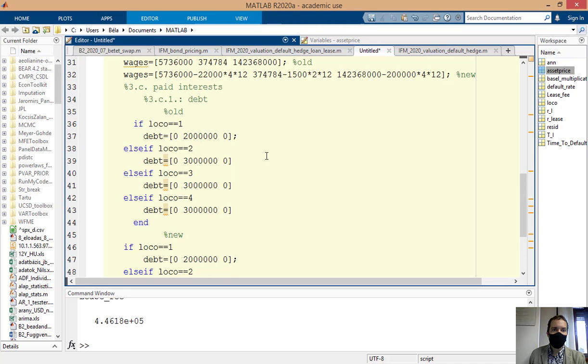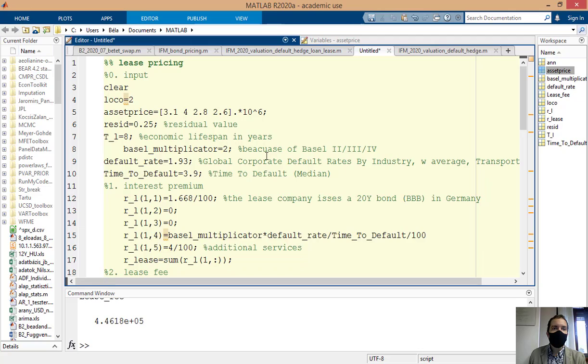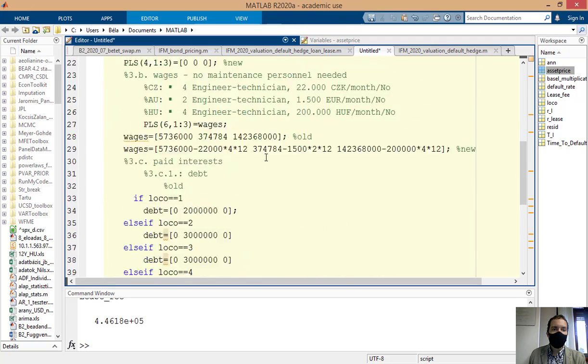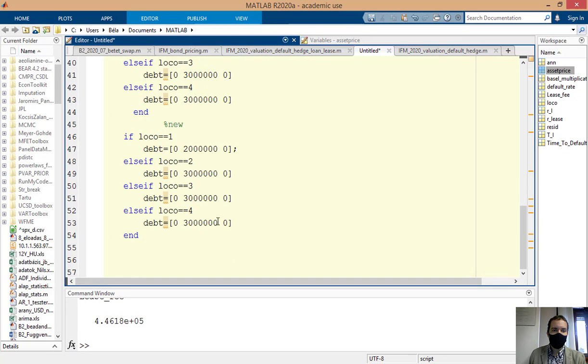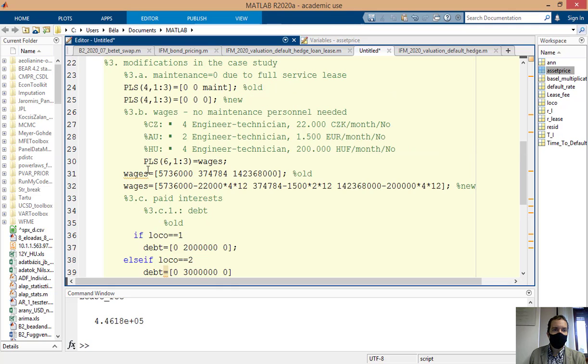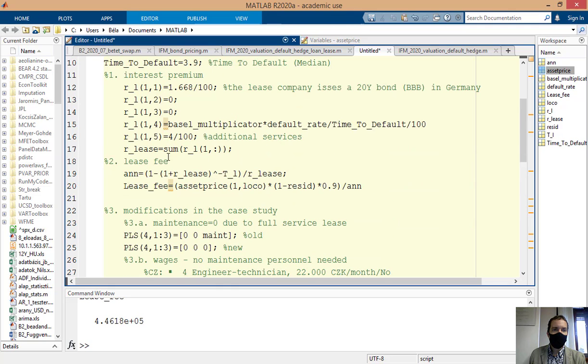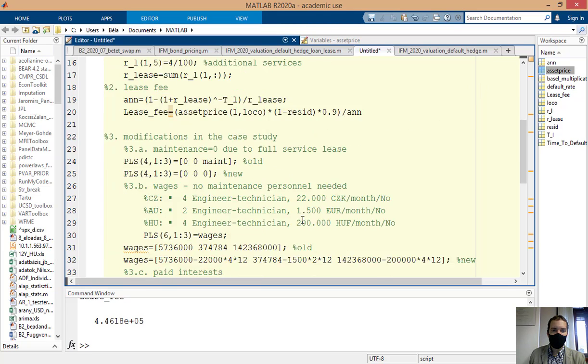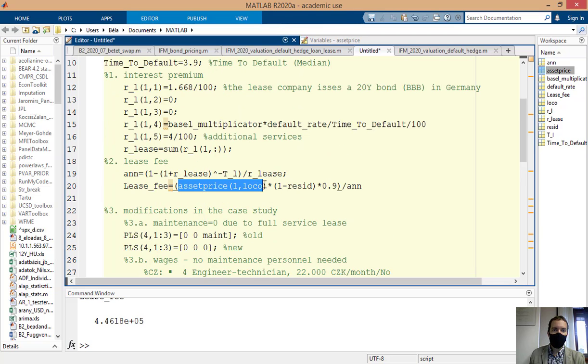Actually, minus, we have the price of the vehicle. Yeah.